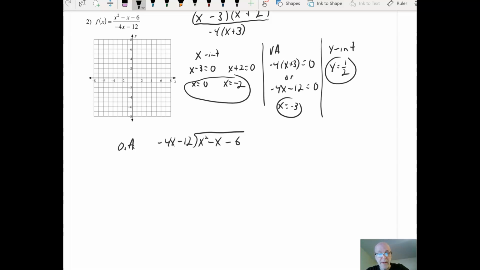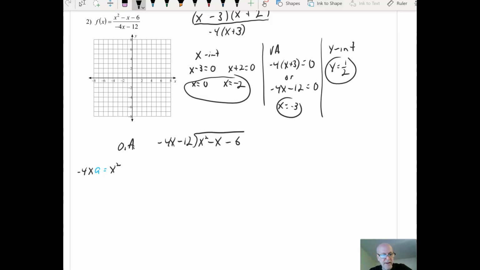And we're going to drop the remainder and we'll have our oblique asymptote. So -4 times what equals x squared? It's one of those where it's a fraction, so I'm just going to write it out. I'm going to write down exactly what I just said: -4x times what equals x squared. And that makes it a little bit easier to see, I think.